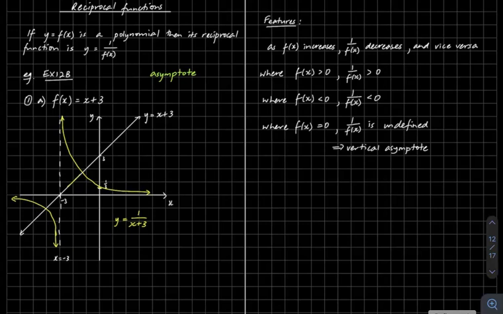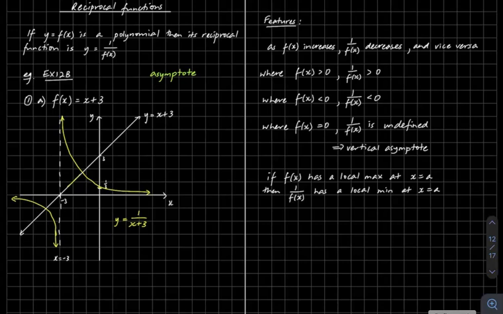Now a couple of features that we haven't considered here, because we were graphing a linear function which didn't have any turning points or local max or min values, we didn't consider these two. But let's think about the fact that if the original function has a local maximum at a particular value of x, then that's the point where its reciprocal will have a local minimum.